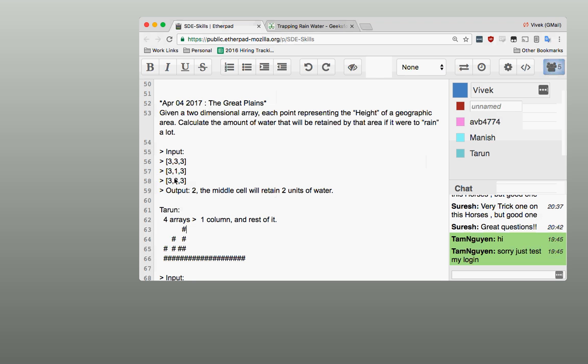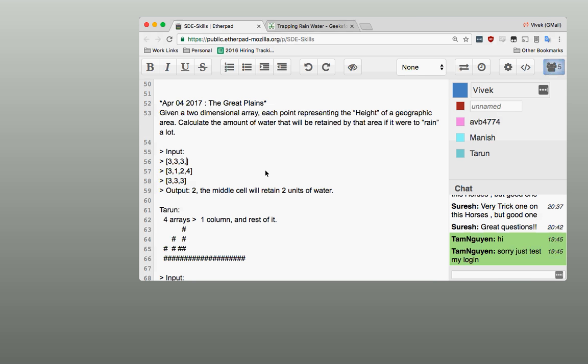Here you will have to do something equivalent. If this had been a 2, the amount of water you can store is only 1 unit, because that is what limits it, correct? Yes. Okay, now here is a different question.